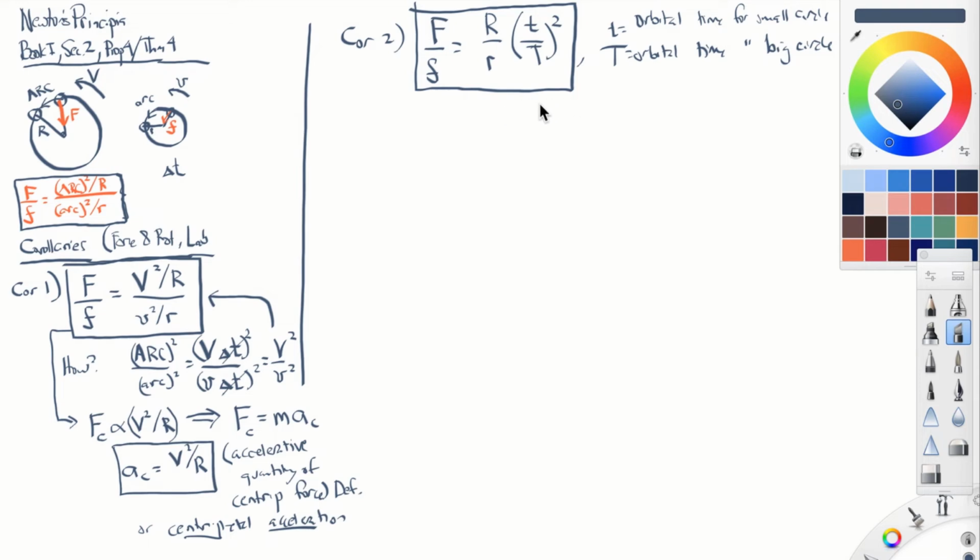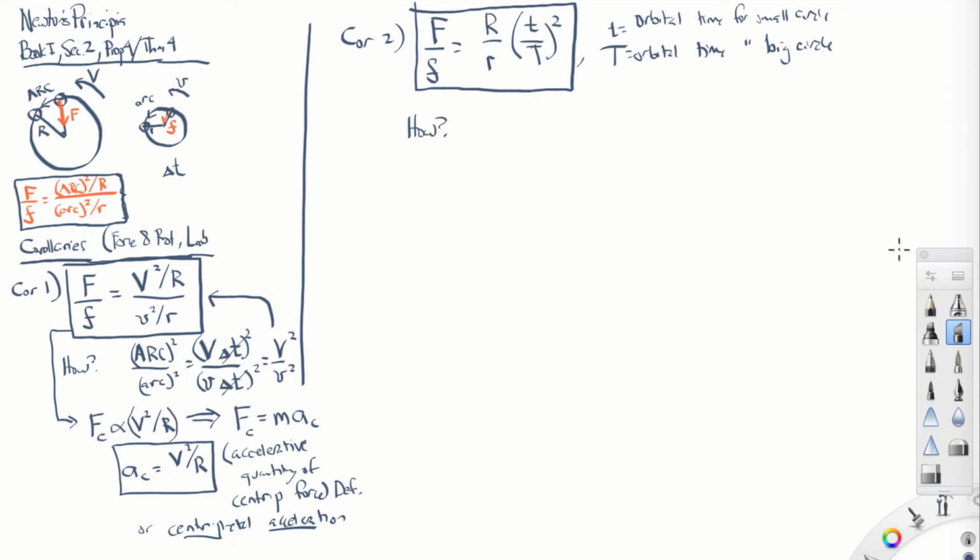How do we know that? Well, this actually isn't so hard to figure out either. Once again, just like here where we were changing variables, this involves a change of variables too. Let me get rid of these so they're not in the way. Well, remember that when something is going in a circle, its velocity is going to be the distance it travels divided by the time it travels. And what's the distance around a whole circle?